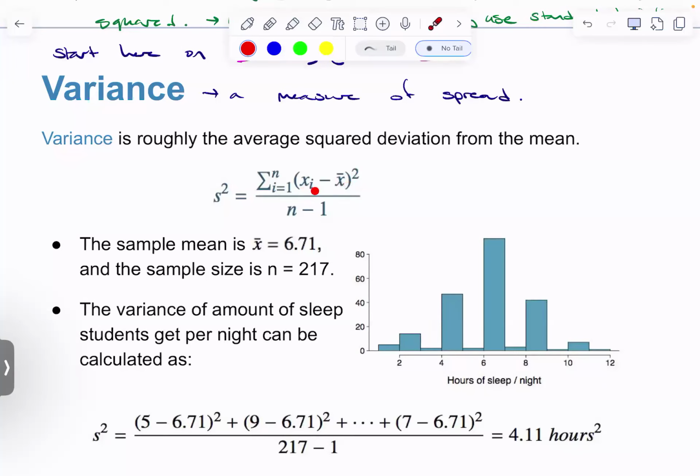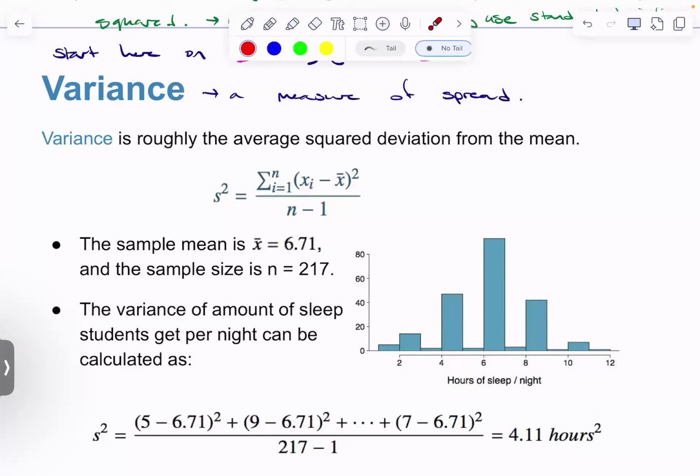Some will be below the mean, some will be above the mean. That's just how the mean works. So if we added them all up, because of how the mean works, they would add to 0 or something kind of useless. But we know there's spread because everything's around the mean. And so that's the reason we have to square things. There's more to it than that, but squaring any value makes it positive.